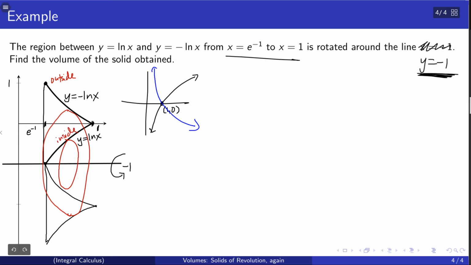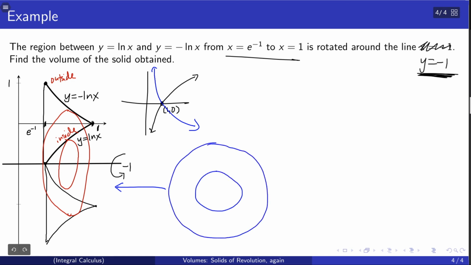And again, if you look at the washer from that perspective, you're going to see two concentric circles. And again, the question is exactly the same, right? The volume is going to be the integral of the cross-sectional area from e to the -1 to 1, right? Your x coordinate on the left and on the right.